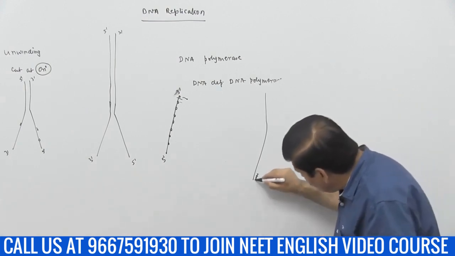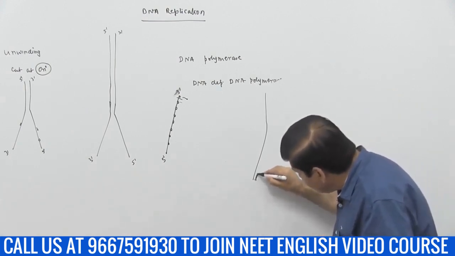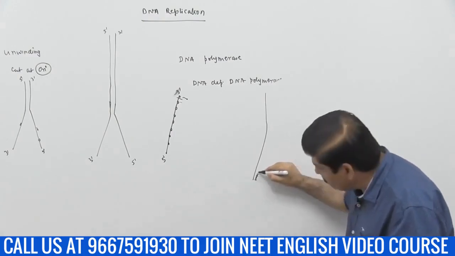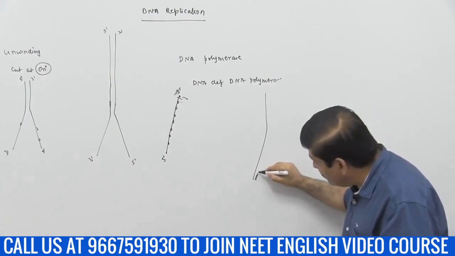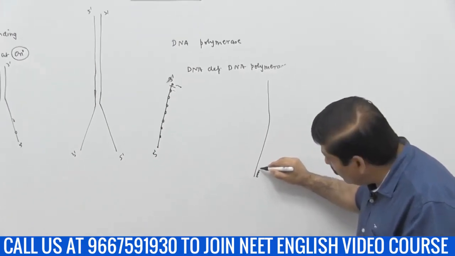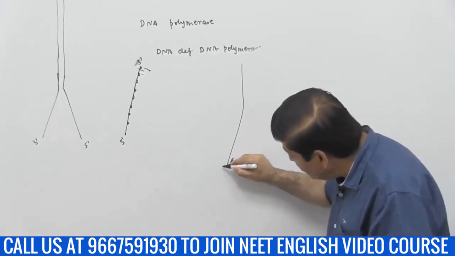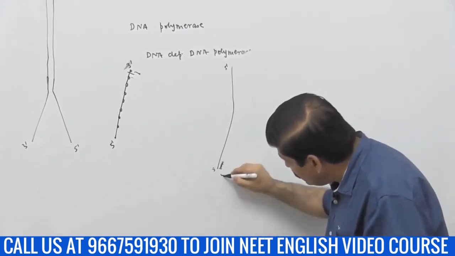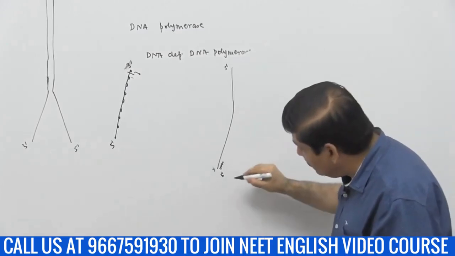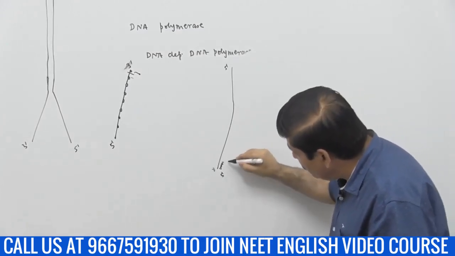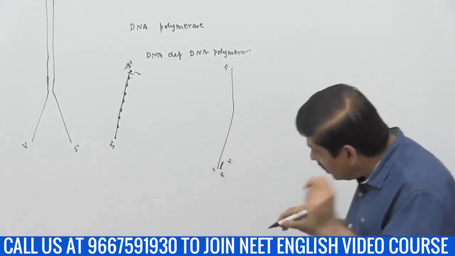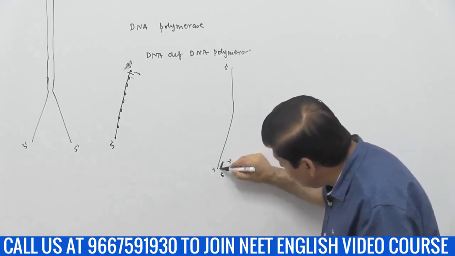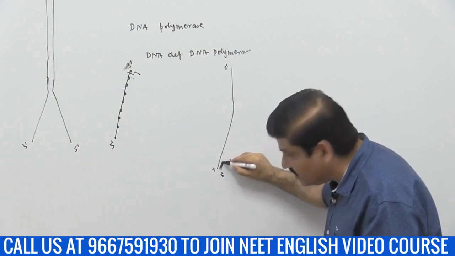But if it is provided with a small strand which has a 3' hydroxyl that is free to undergo bonding at this particular end. Remember, this is a 3' to 5' DNA template, so the new strand is synthesized in 5' to 3' direction. DNA polymerase will not be able to initiate the synthesis.